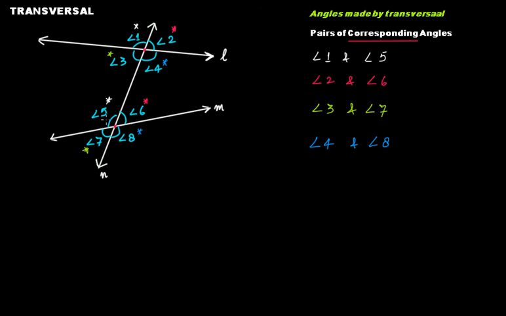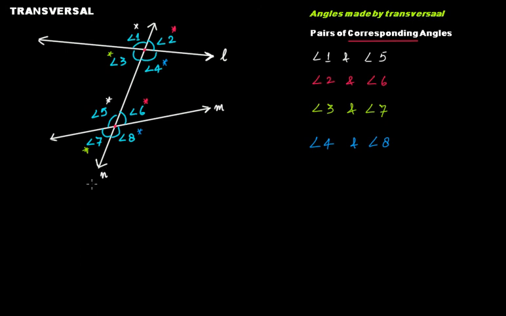Angle 1 is to the upside of this line L, angle 5 is to the upside of line M. So these are pairs and they all are lying towards the right of this line.